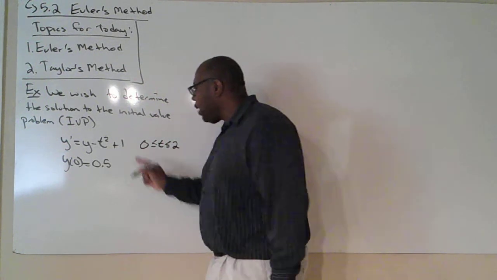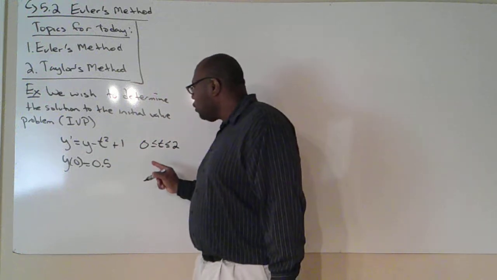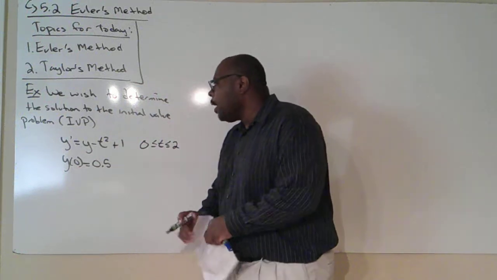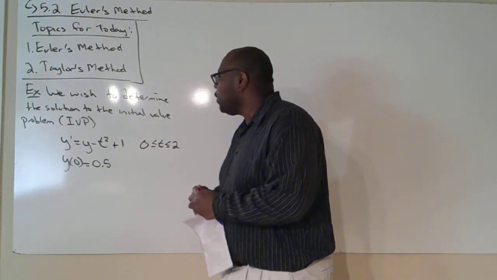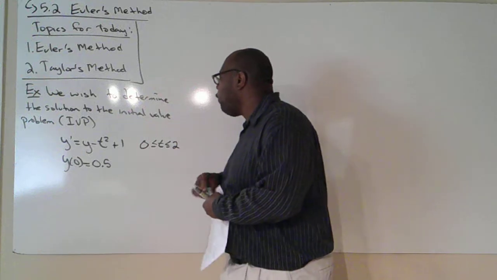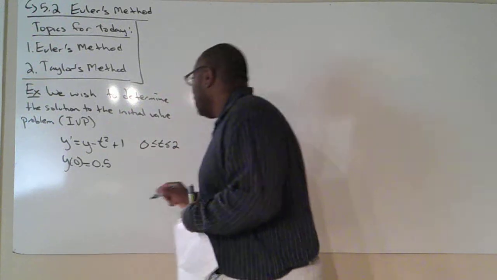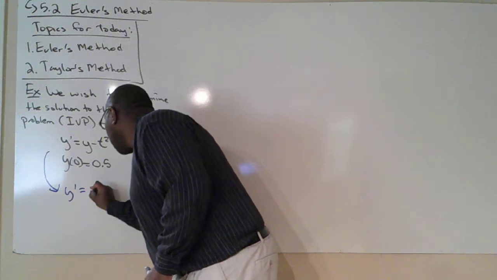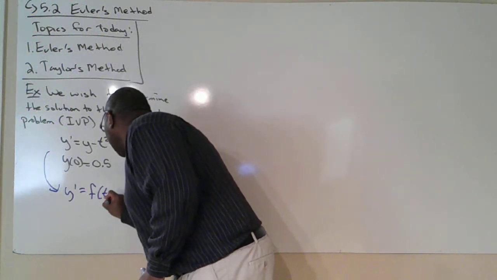So essentially my initial condition is y of 0 equals 0.5. You're probably already familiar with this format, where y prime equals f of t and y.